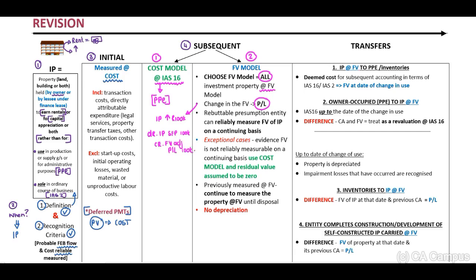Now they indicate to us that if previously measured at fair value, then you need to continue to measure the property at fair value until disposal date.